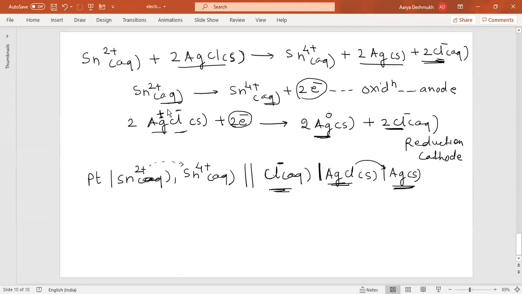So this is the way you formulate the cell for this one. So this is your cathode, that is positive, and at this end this is your anode, that is the negative electrode. So in this way you can formulate or represent the cell if the cell reaction is given to you. Thank you.